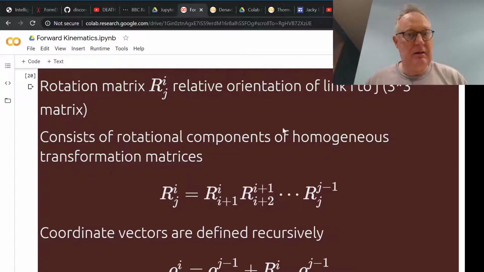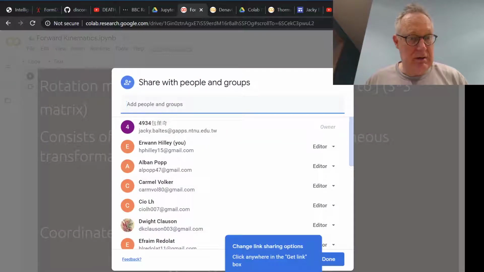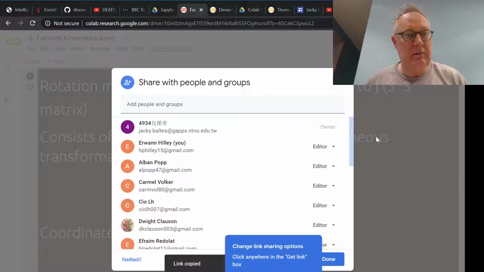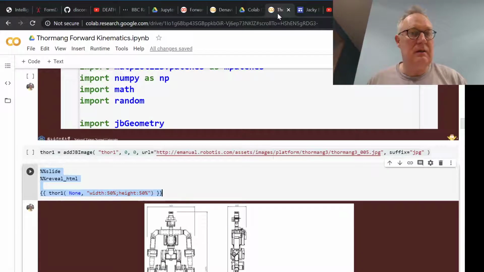But this forward kinematics now, you should have access to it. Anyone on the link can view, and that will be the link. But I guess it doesn't work with Internet Explorer or Microsoft Edge.